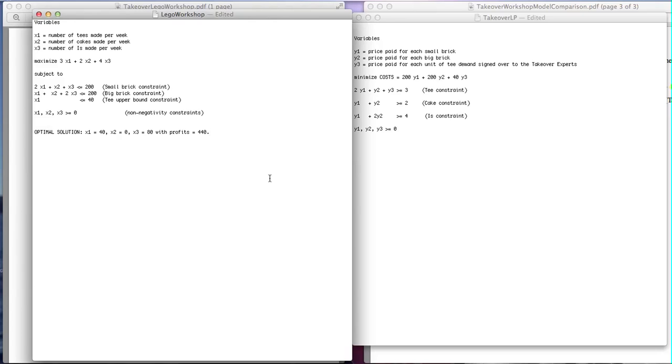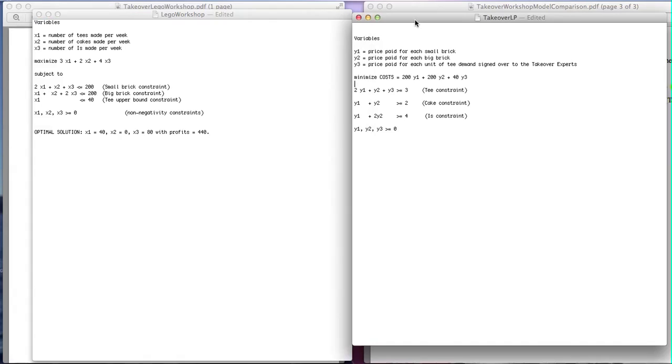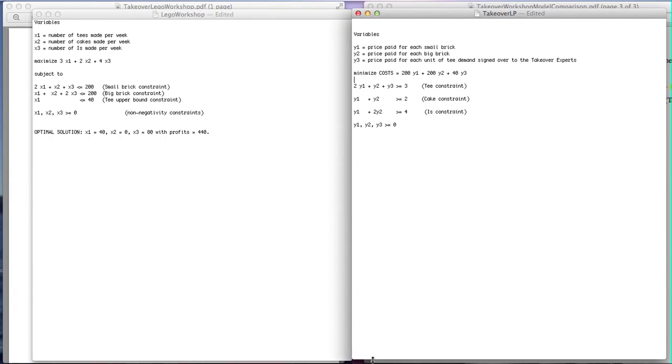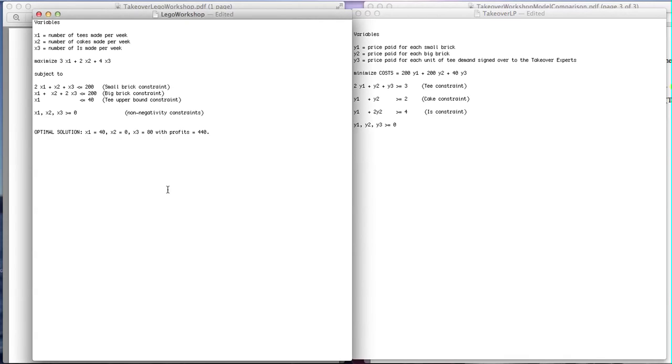The optimal solution was to set x1 equal to 40, x2 equal to 0, and x3 equal to 80, and we end up with a total profit of 440. What I want to start thinking about and figuring out is: how much money is it going to take the takeover company to take over the Lego workshop?